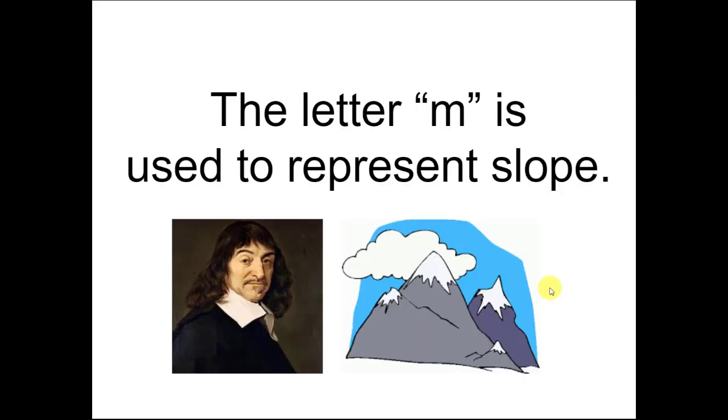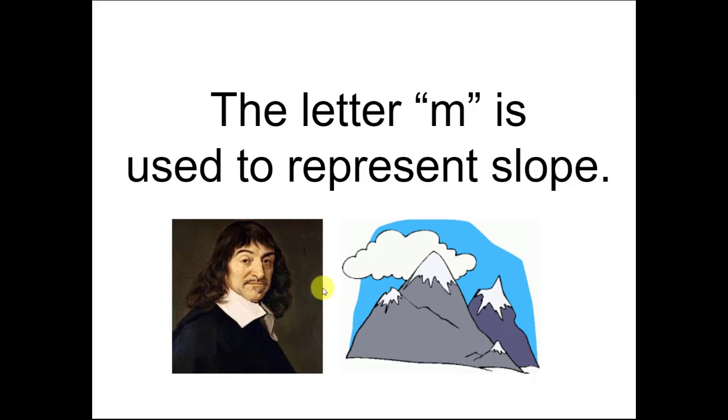We use the letter M to represent slope. And if you're wondering why, just a little fun fact. See this guy right here? This guy is René Descartes, and he is actually the person that created the Cartesian plane that we talked about in our graphing points video. He developed the idea that the x-axis should act as a number line that is horizontal, and the y-axis should act as a number line that is vertical.